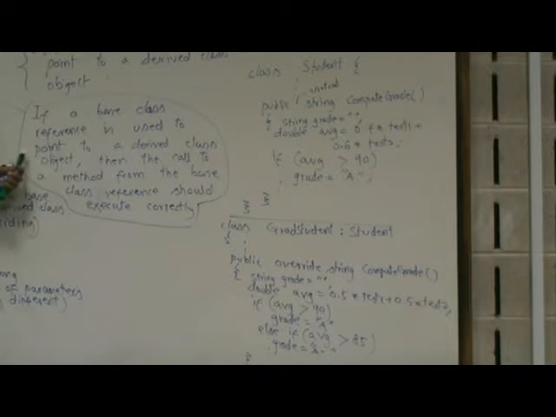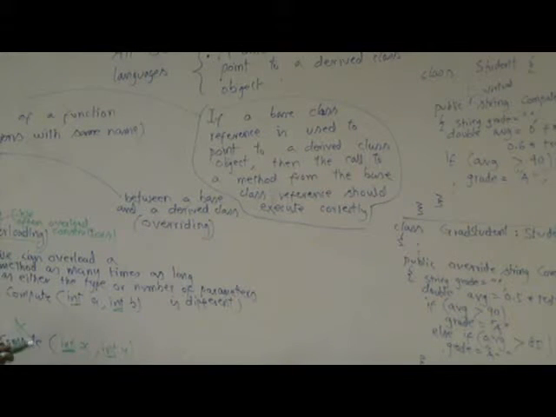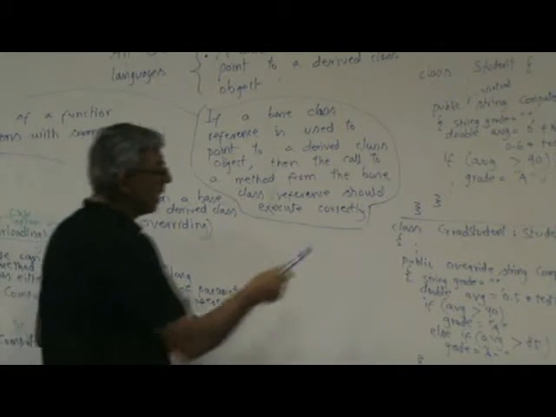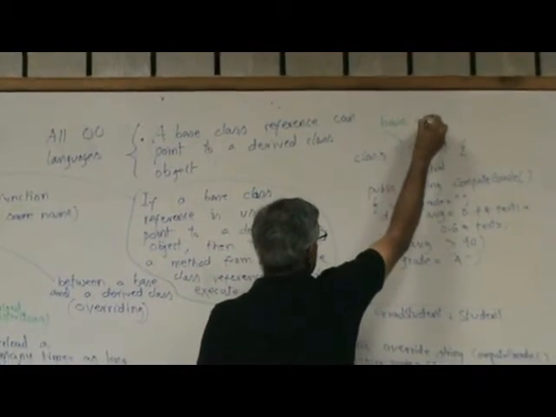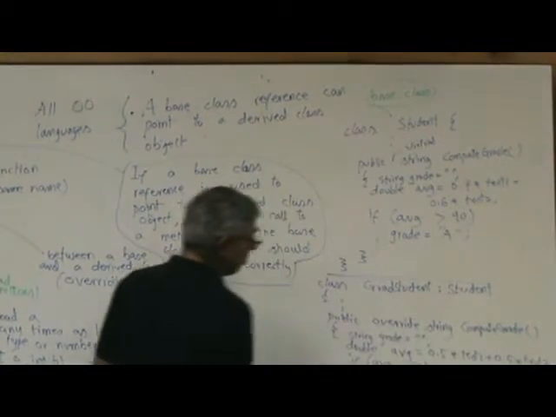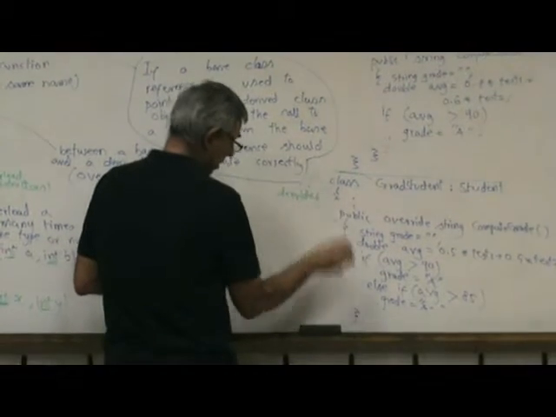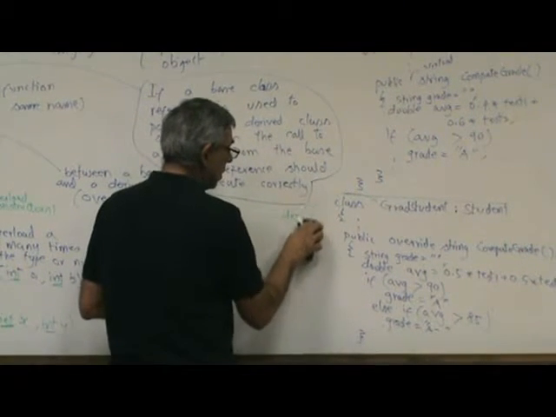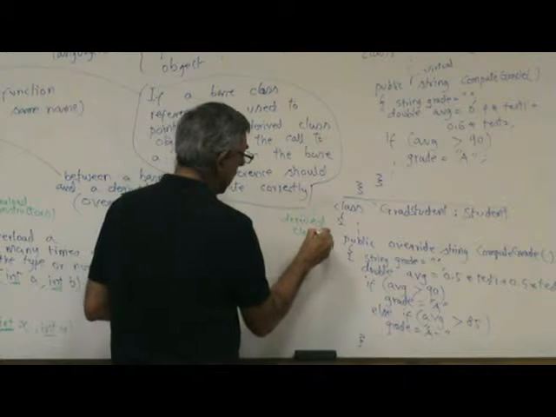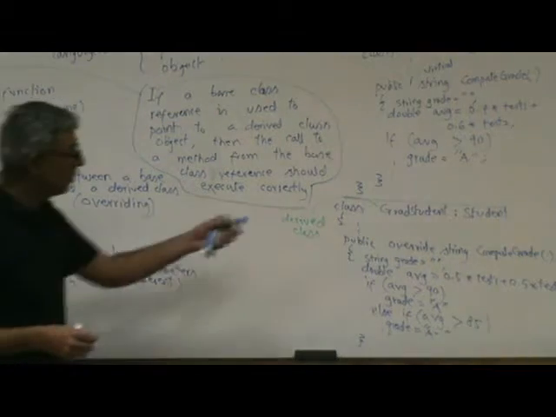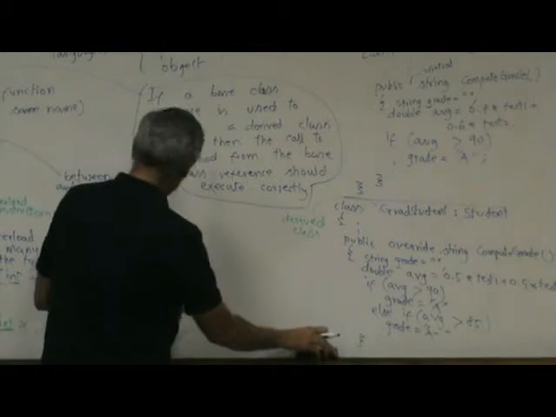Okay, so now let's try to test this case. We'll use a base class reference to point to a derived class object. So obviously this is our base class, correct, in this example, and GradStudent is our derived class, correct? Okay. So now let's use a base class reference to create an object of the GradStudent.